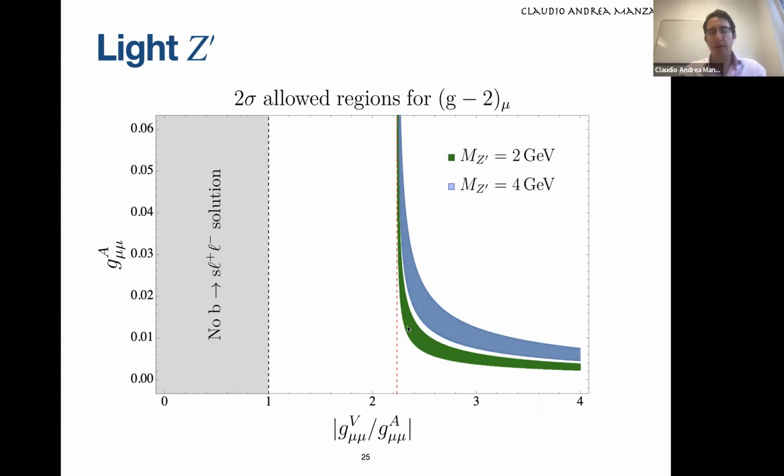You can fall within the regions allowed by G-2. While here in gray, you have the assumption for GV and GA which do not give a good fit for B2SLL. Anyway, taking into account the fact that the situation for G-2 is not very clear, also in light of the recent lattice determination, we prefer to keep the agnostic position that I told you before.